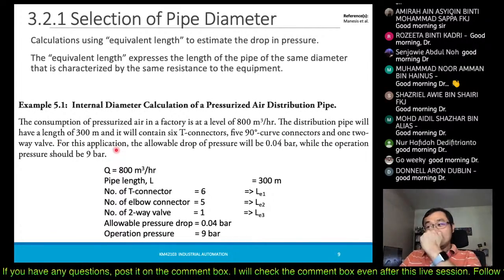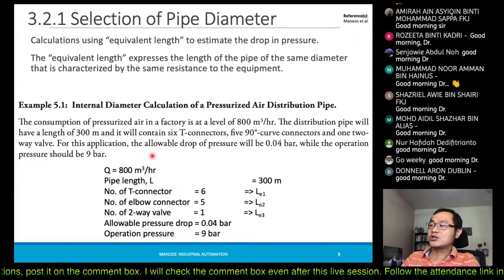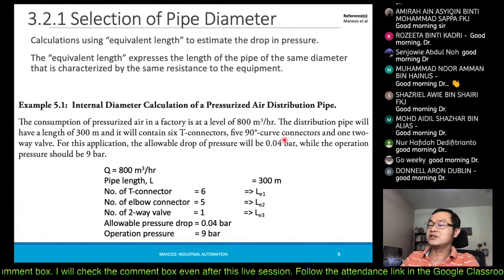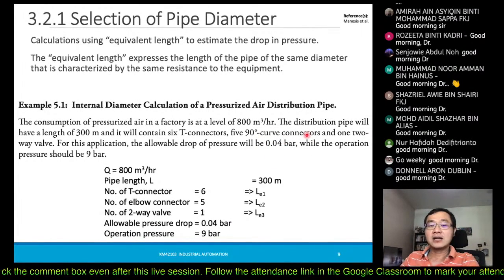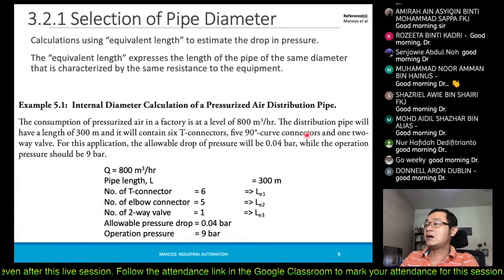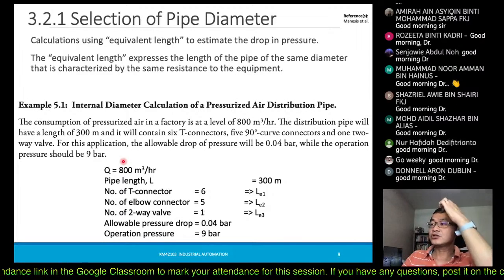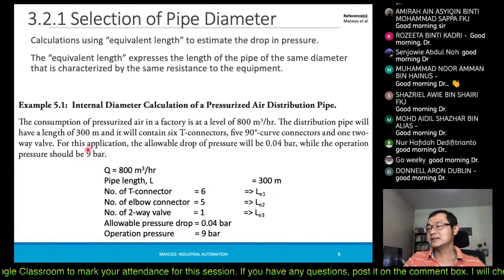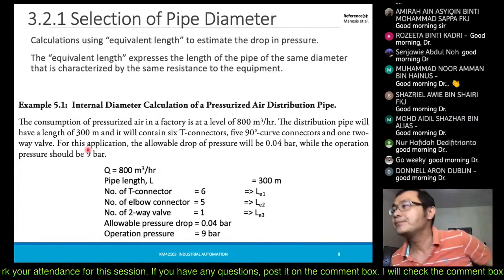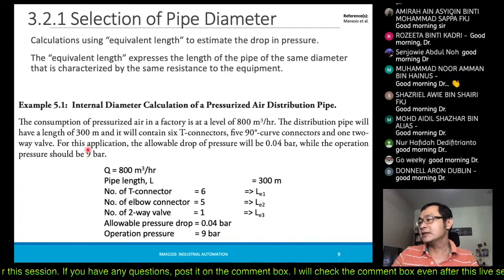For these applications, the allowable pressure drop would be only 0.04 bar, while the operation should be at 9 bar. So there is a requirement of pressure in the system.